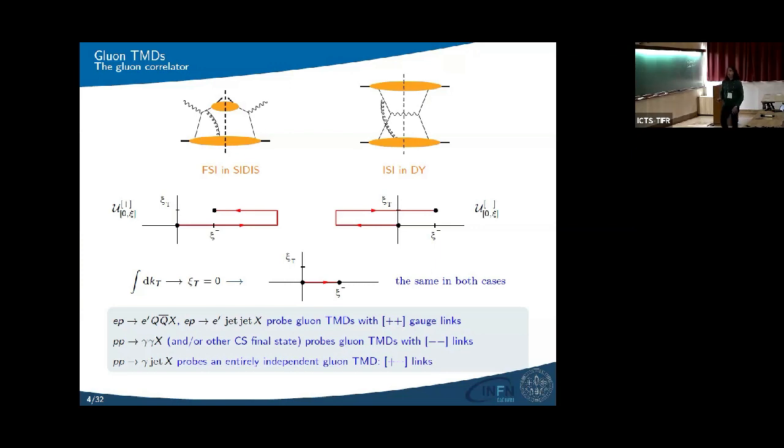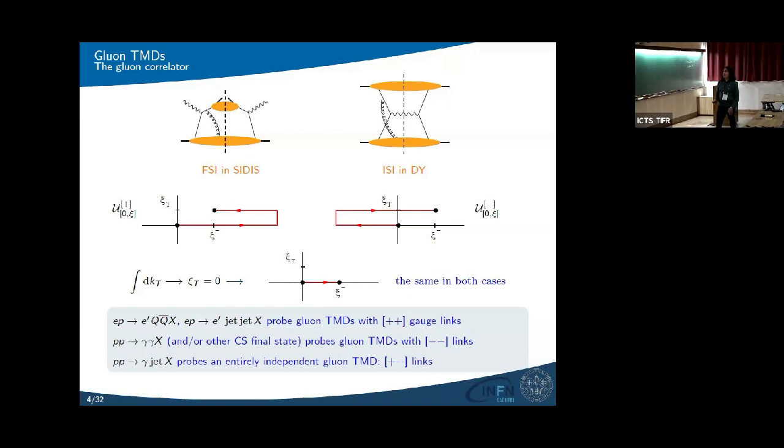For example, if I consider a process that I can measure at the EIC, which is a collision of electron and proton, so deep inelastic scattering, and I observe in the final state a pair of heavy quarks, so QQ bar, or two jets, then I have only final state interactions. So the gauge links that appear in the definition of the gluon TMDs are both future pointing. So I have a plus-plus gluon TMD.